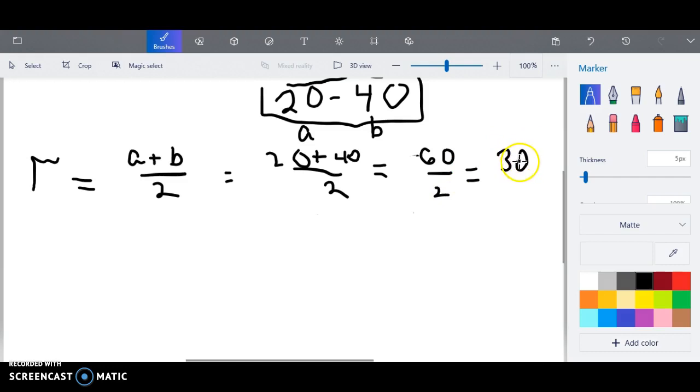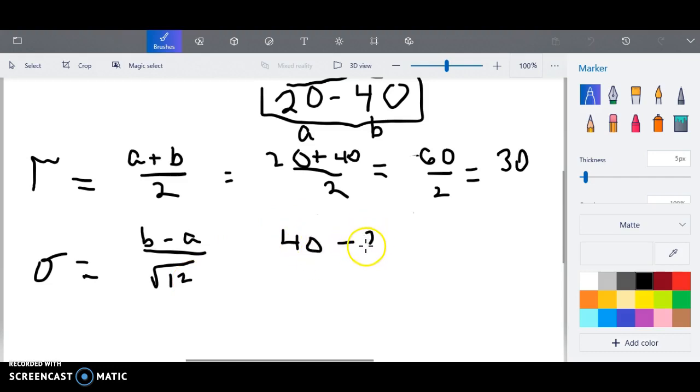Now for the standard deviation, the formula you're going to use is B minus A divided by the square root of 12. So B is 40, A is 20, and we're going to divide that by the square root of 12.